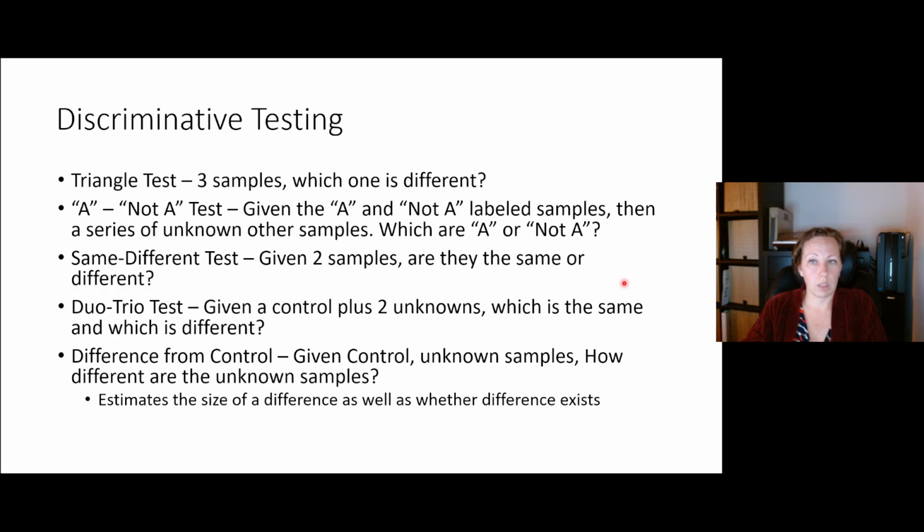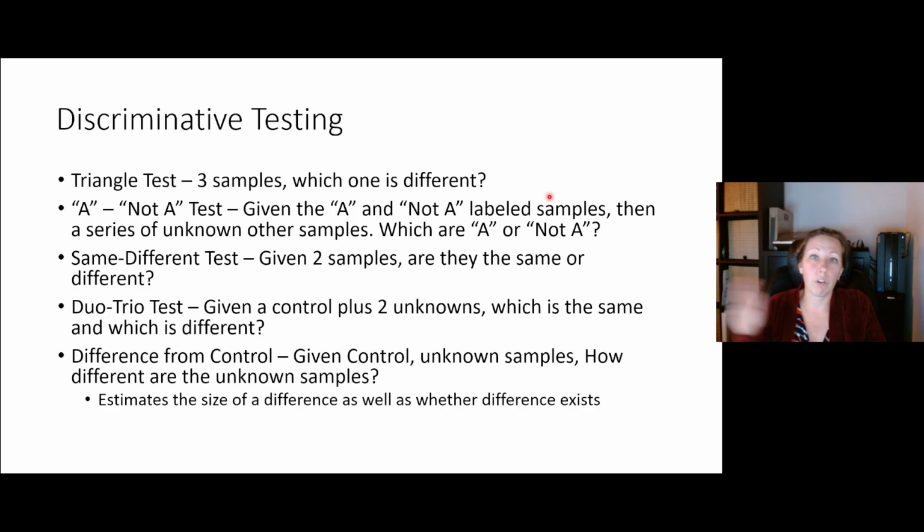And when I'm looking at the numbers, I have to consider what is the chance of guessing it right? So if only 33% of people could guess it right on the triangle test, then it's not different, right? Even though 33% of people said the right answer, it's not different because that's the guessing rate, right? 40% still might not be different depending on how many people I have testing it.